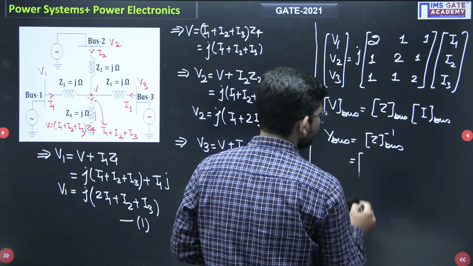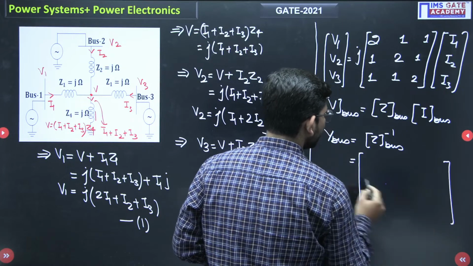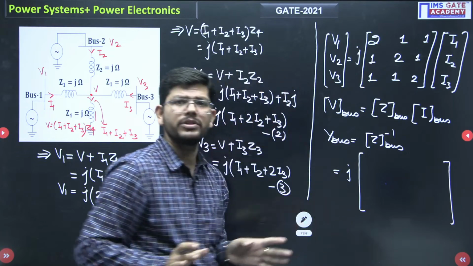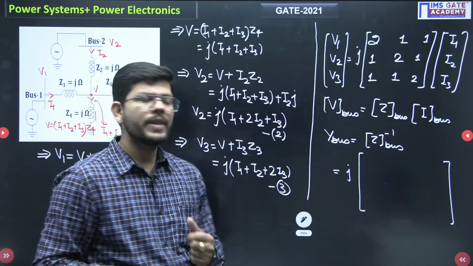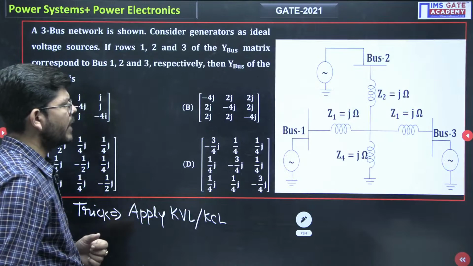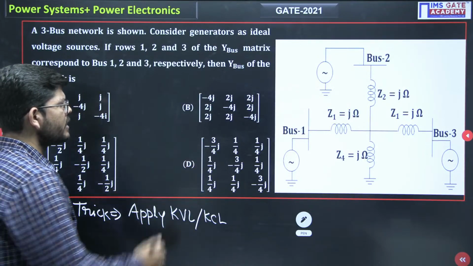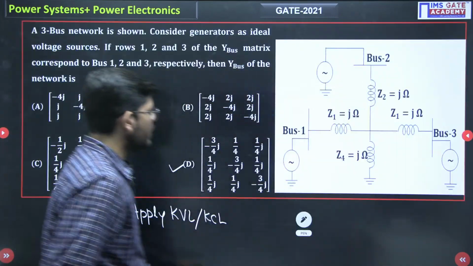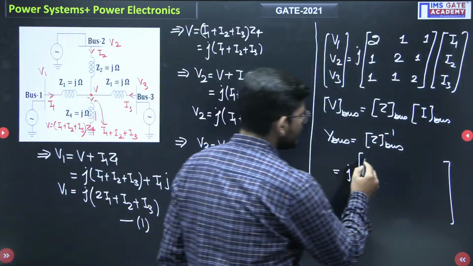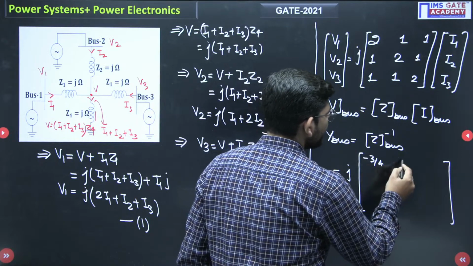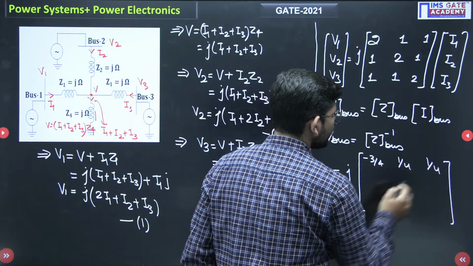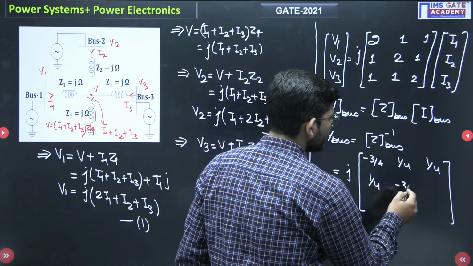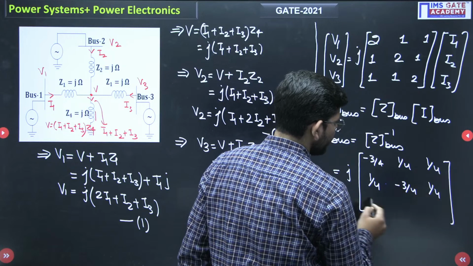I think everybody knows how to find the inverse. If we find the inverse, we will get the answer as D. The Y bus will have minus 3 by 4 in the diagonal, and at the rest of the places we will have 1 by 4.